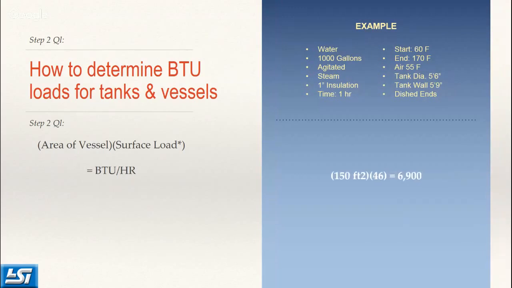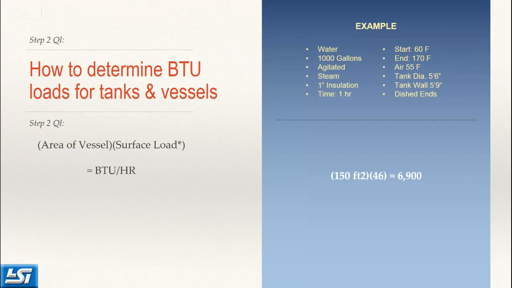So the area of the vessel, 150 square feet, multiplied by the surface load found on the chart I gave you. And on the chart, when you have a chance to go back and look at it, you can find 1 inch of insulation fully around the vessel, and you can look at the surface load loss. On the chart, I picked one purposefully that is between two numbers to show you can interpolate between numbers on the chart and use that number.